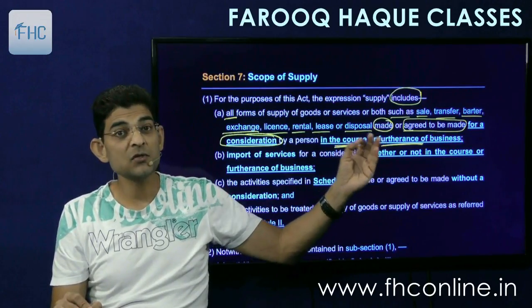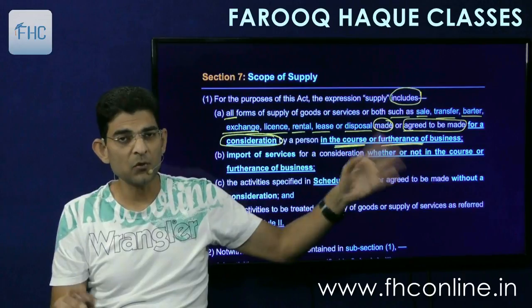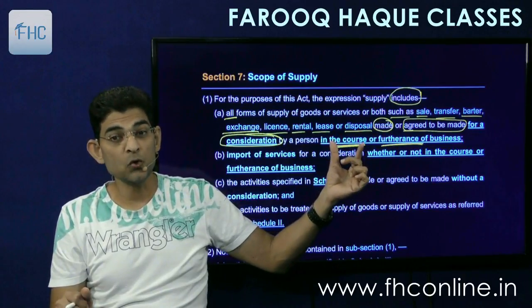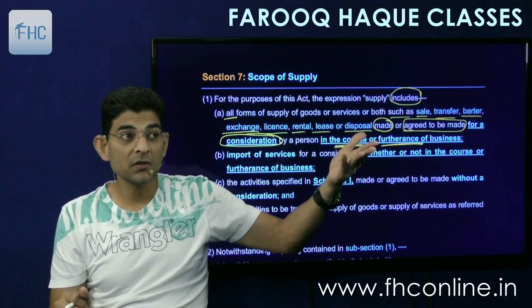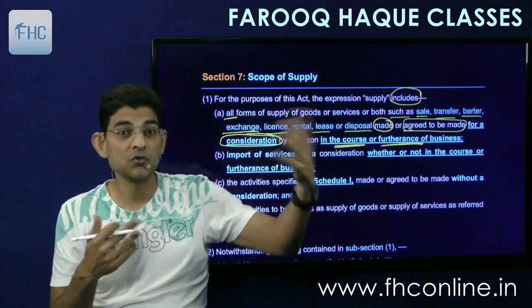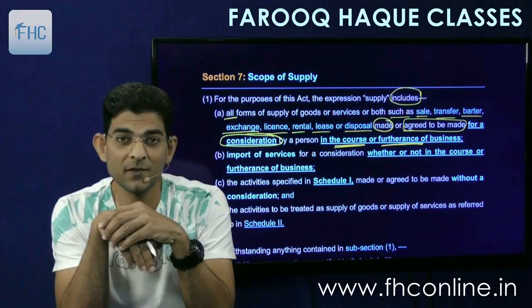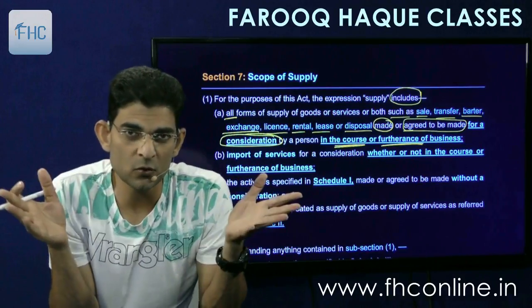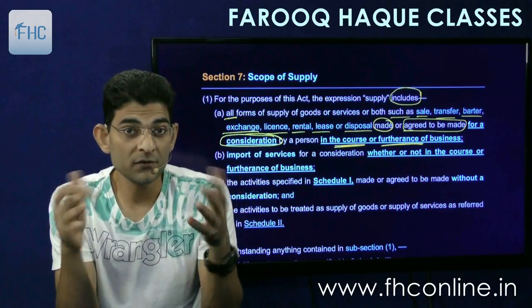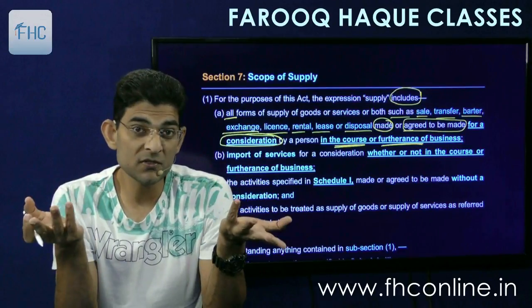Here we'll see the definition of business also in some time to come. Wait for that. In the course means in the regular course, like I am having a shop and I sell goods. That sale is in the course of my business, right? So in the course means in the regular course of activities. Like I am teaching you, this is in the course of my business.